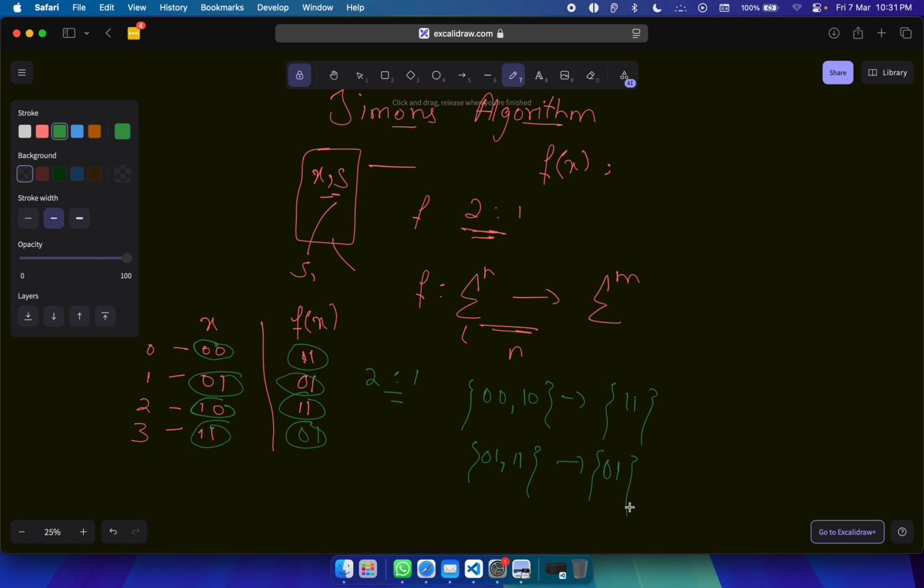Now this has become a 2-to-1 function, and this qualifies because we have m qubits here and n qubits here, and if you see here we have 2 qubits here, 2 qubits here, so it takes n qubits and converts it to m qubits where n equals m.